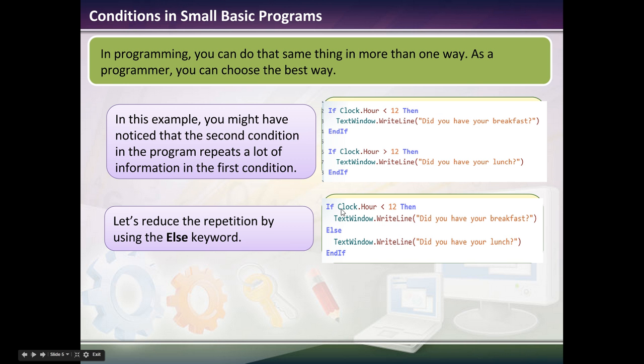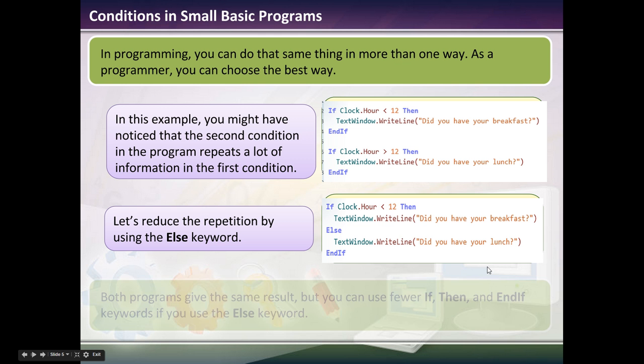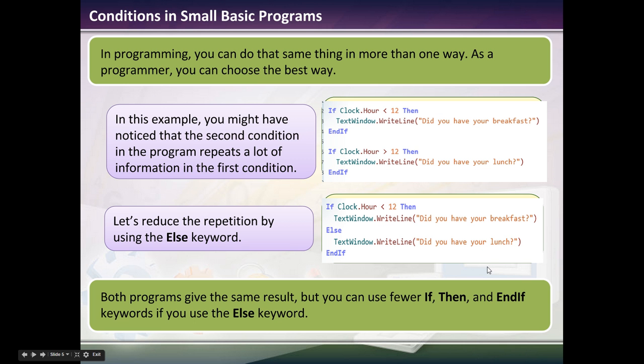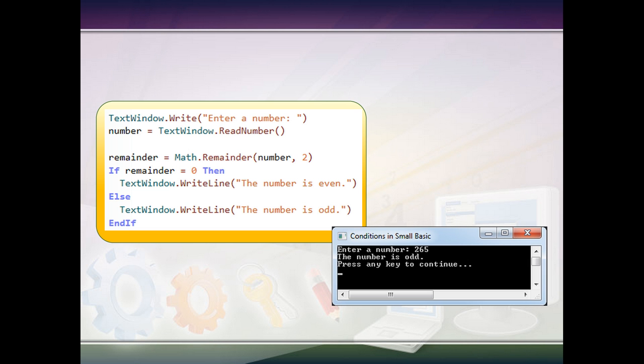If my computer clock is less than 12, then it'll print this line. If it's not less than 12, then this statement is false, and it moves on to this else statement and prints the other one. Both programs give you the same result. You can use fewer if, then, and end if keywords if you use the else keyword.